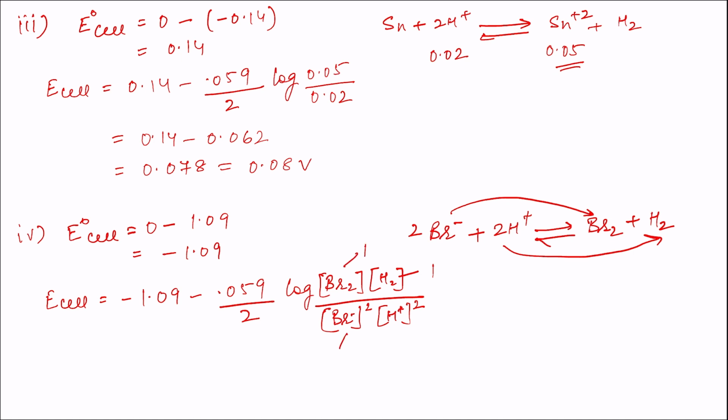Concentration of bromide ion is given as 0.01, so this will be 0.01 whole square, and concentration of H+ ion is given as 0.03, so this will be 0.03 whole square. Solving, this is minus 1.09 minus 0.208. So E cell will be equal to minus 1.298 volt.